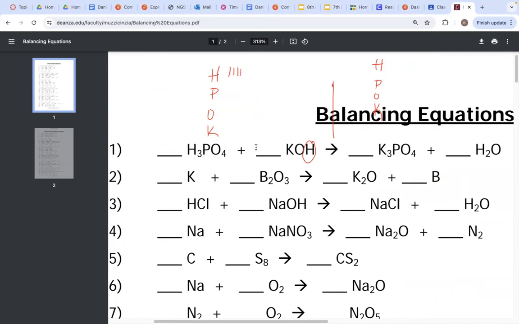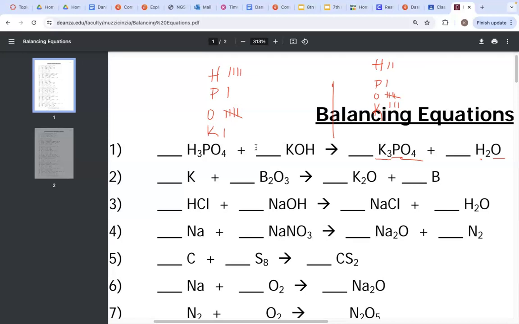Then I have 1 potassium, 1 P. I have 4 O's plus another O here, so 5 O's, and 1 K. Now I'm going to do my initial count on the other side. 3 Ks, 1, 2, 3. 1 P, 5 O's, 2 hydrogens.